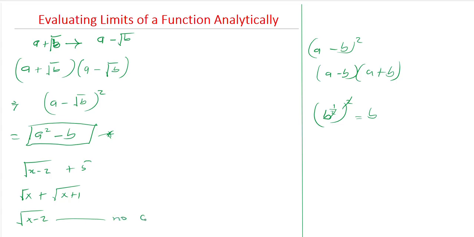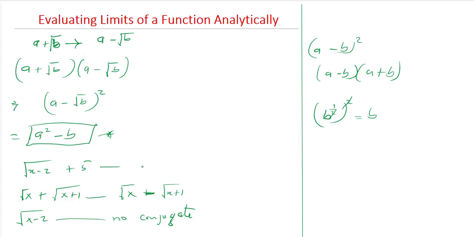Let's start with the final one. This has no conjugate because it is not in binomial form. This one, the conjugate will give us root x minus root x plus 1.